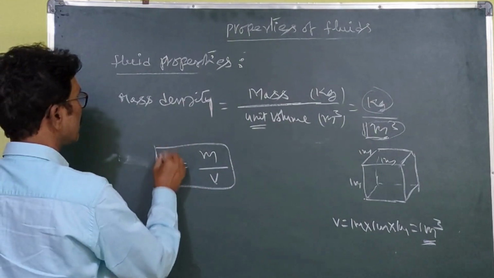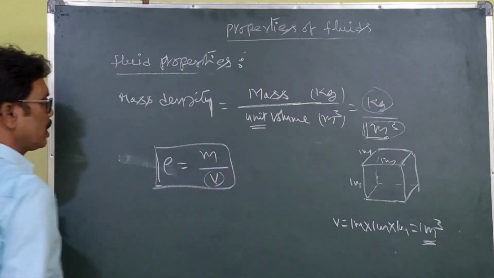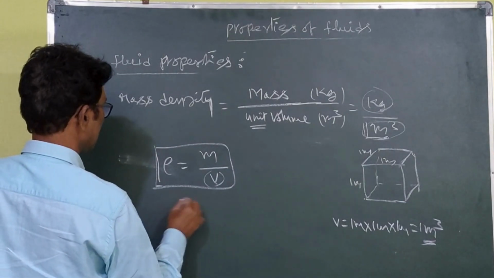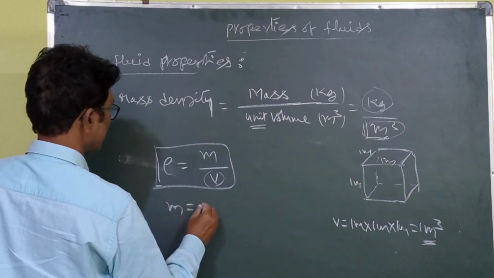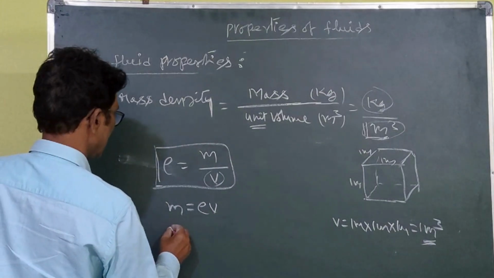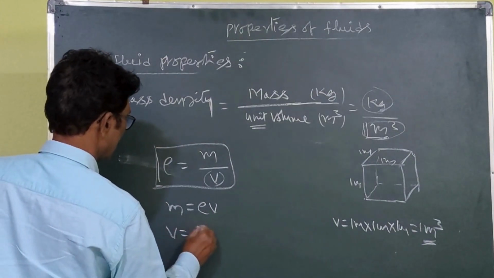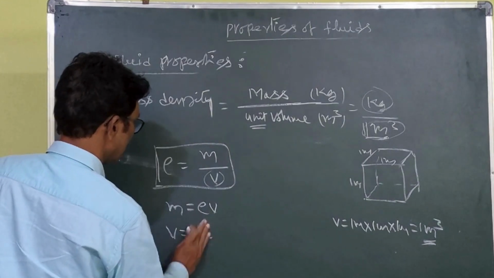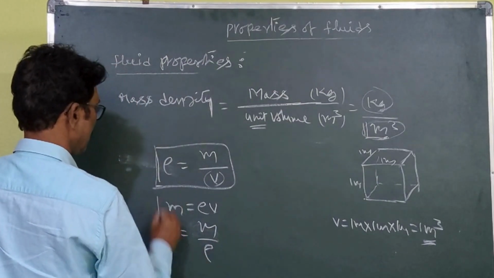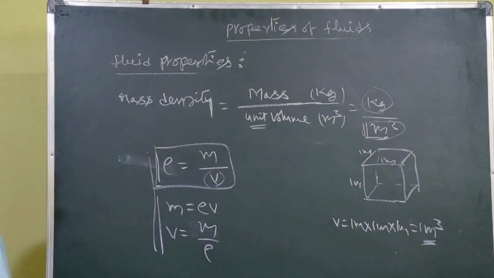Obviously, if you know two terms' values, the third term we can calculate. Suppose you want to calculate mass, mass equal to rho v, or otherwise volume equal to mass by rho. Like this we can use these relations. If you know two parameters, the third parameter we can calculate.